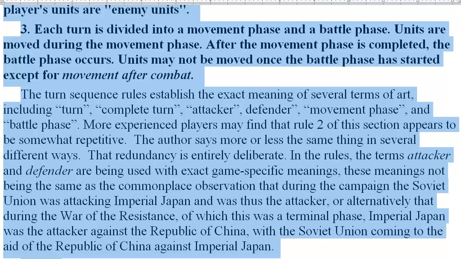And then there is a battle phase, and in the battle phase, whatever attacks have been created are resolved using the combat rules. So units move, and then after you're done moving, after the movement phase is over, you fight the battles. Once the battle phase is started, you cannot move units except there are specific rules for movement after combat.